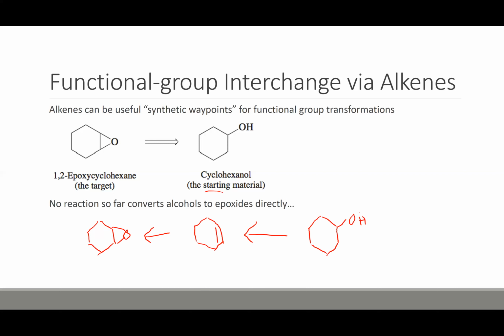This is how you would do retrosynthesis. We'd go backwards thinking about what our product is and go back step by step until we get to a reaction with our viable starting material.